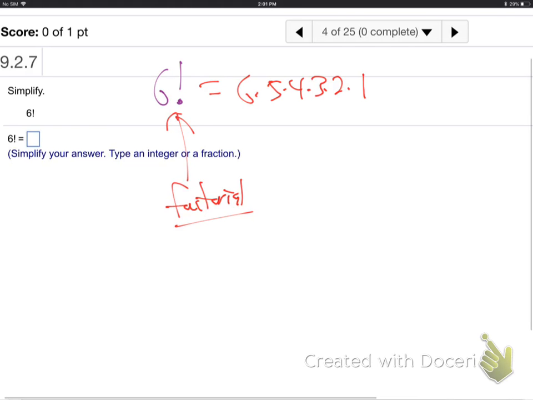It's under math, probability, go down, there's a button. You just go 6, then hit math, go over to probability, down to the exclamation point, and you'll get 720. It's amazing it gets that big, that fast, isn't it? I wouldn't guess it was so big. Is that good? So it just means all the way down to 1.